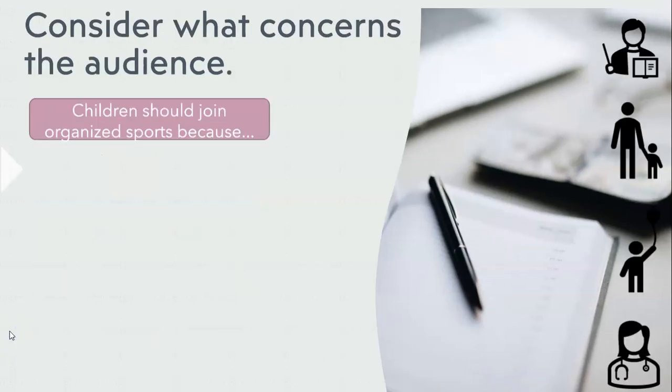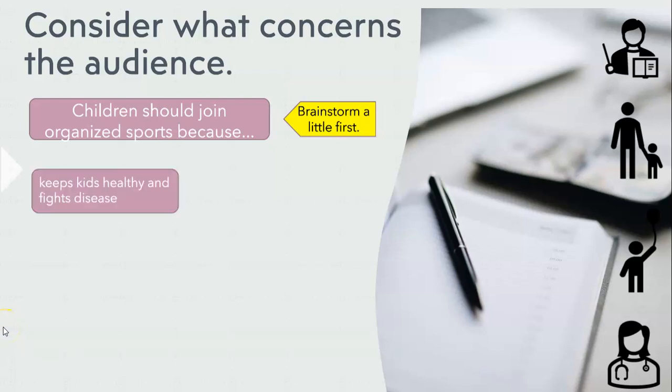Second step is to consider what concerns the audience. So to do this, we're going to brainstorm a little bit first. Now, this is just to illustrate what we're talking about and why we really value the identifying your audience step. So if we were in class, I would be asking you guys what are some good reasons why children should join organized sports. So you guys might come up with it keeps kids healthy and fights disease.